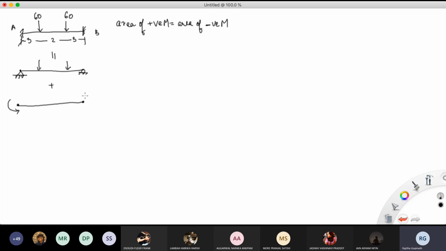Okay, this is the negative moment. So if this is A, so this is MA and this is MB. All right. तो इसका बेंडिंग मोमेंट कैसे होगा? ड्रॉ करेंगे अगर तो इसका बेंडिंग मोमेंट कैसे होगा?